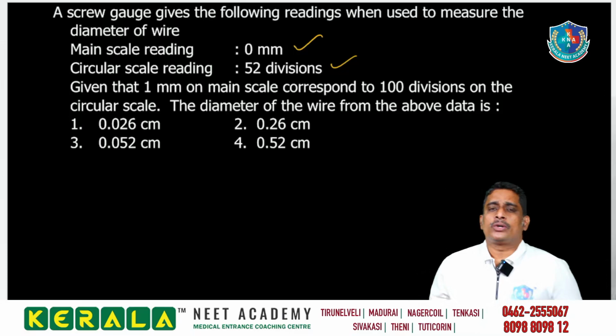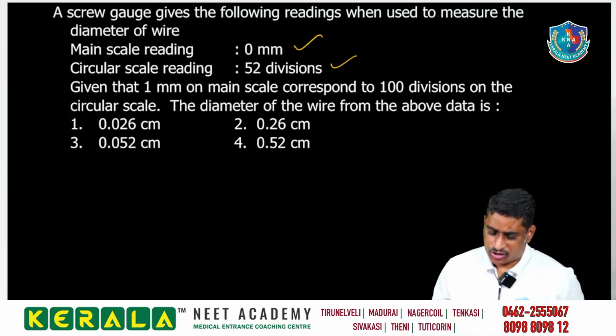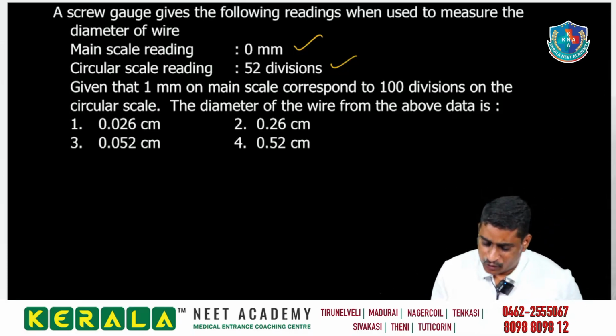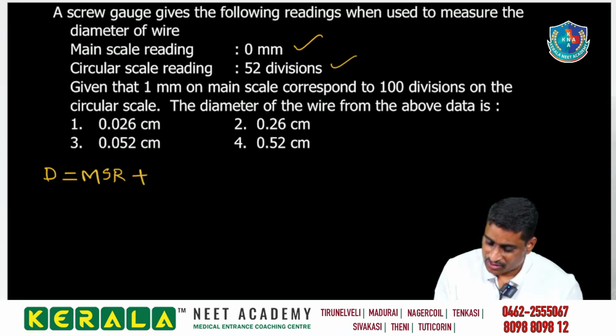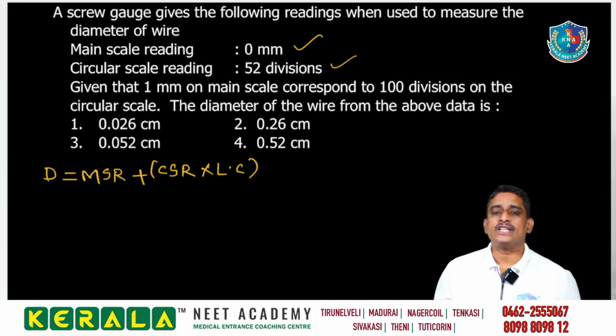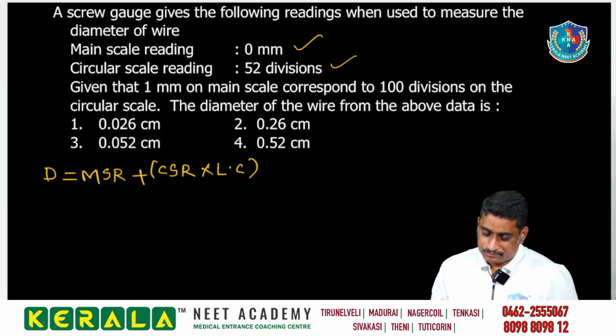So if you come to the case of screw gauge, the final reading, diameter of the wire, will be given by the general formula we have already practiced: main scale reading plus circular scale reading into least count. This is the equation we are having.